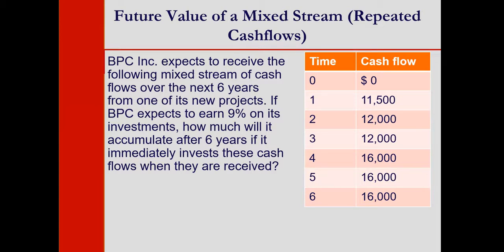Now the next cash flow would be $12,000, and the frequency for this $12,000 here is 2. So you will enter 2 as the frequency for that cash flow, and then push enter and then the down arrow key.